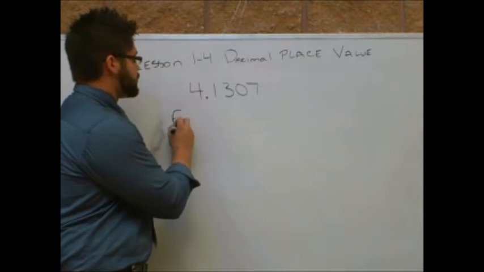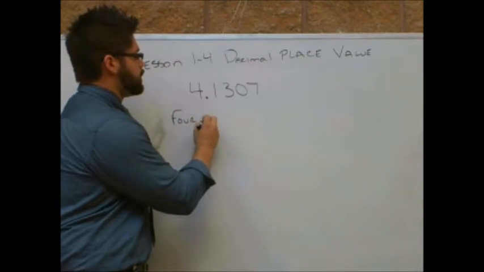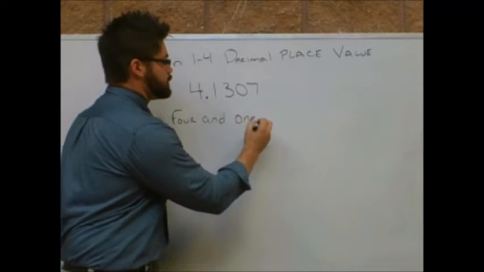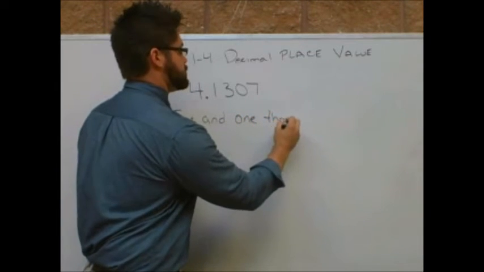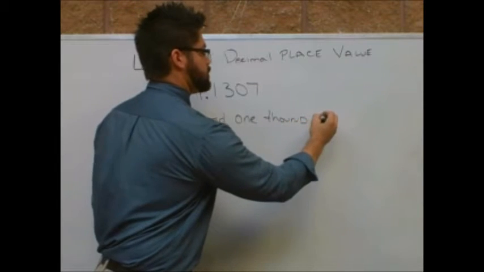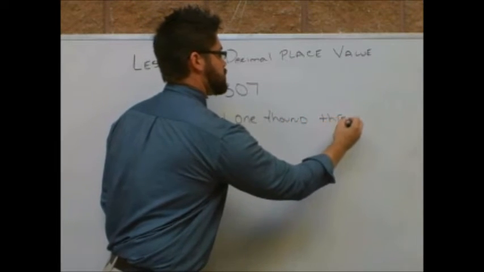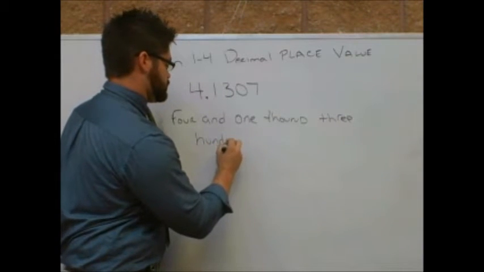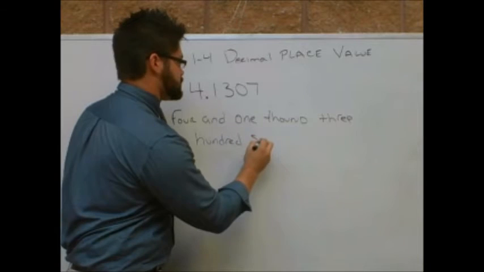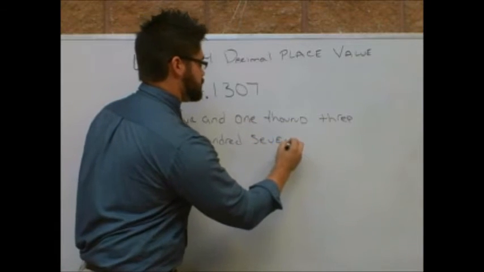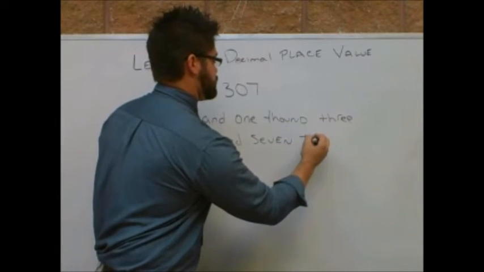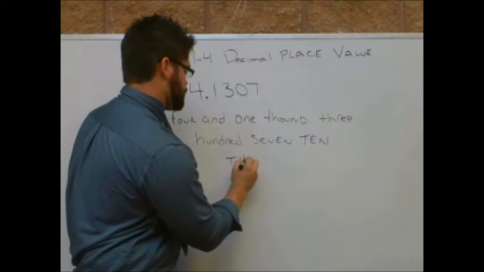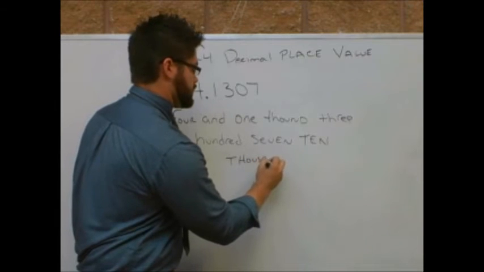So this number is written as 4 and 1,000 300 7 10 thousandths.